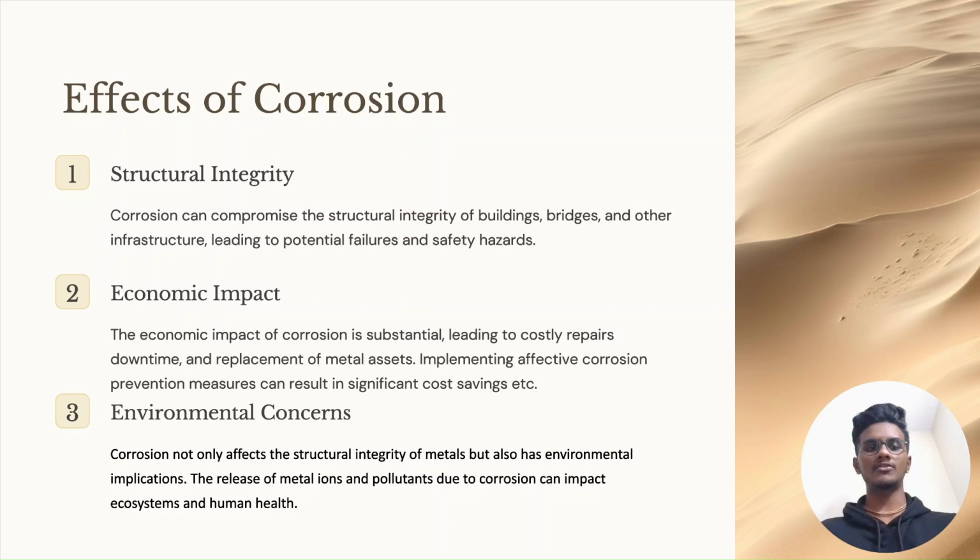Implementing effective corrosion prevention measures can result in significant cost savings. Environmental concerns. Corrosion not only affects the structural integrity of metals but also has environmental implications. The release of metal ions and pollutants due to corrosion can impact ecosystems and human health.